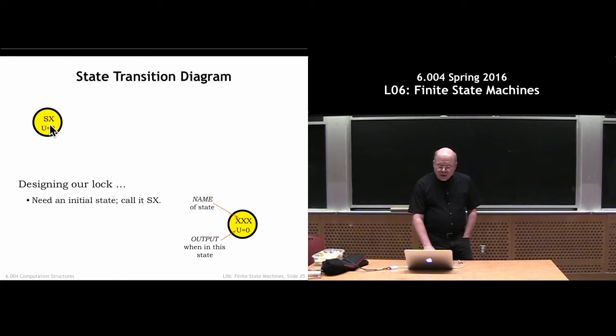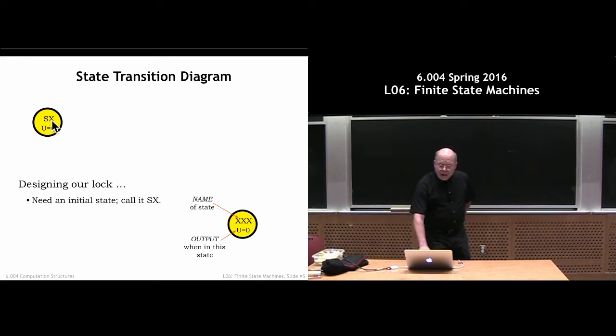We also, because the outputs in this machine are a function of the current state, associate them with the current state. The machine will actually have multiple states it can be in over time, depending on what the sequence of inputs is. For each of those states, we'll specify the value that, in this case, the unlock signal has if the machine is currently in that state. Right?